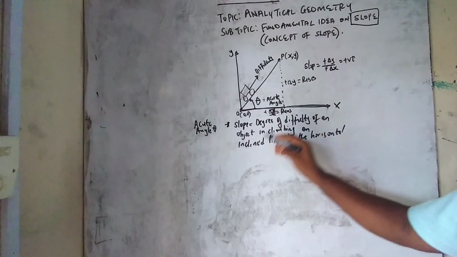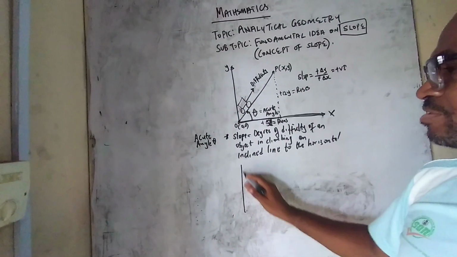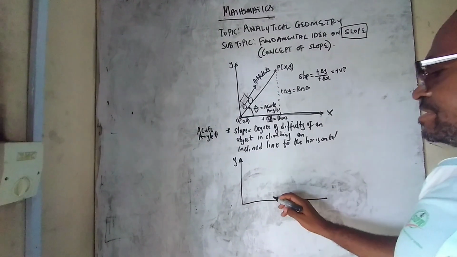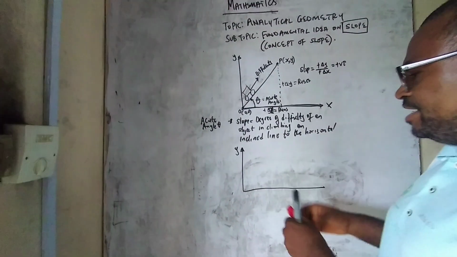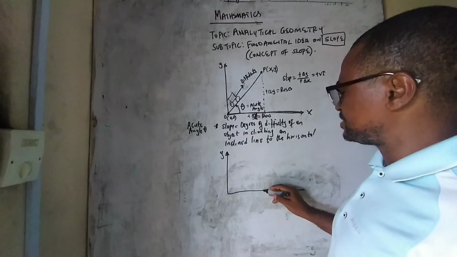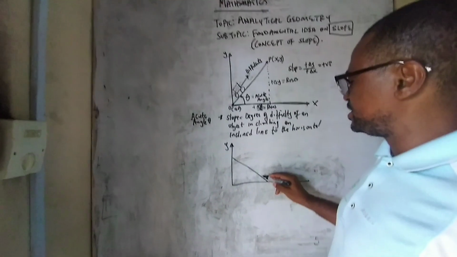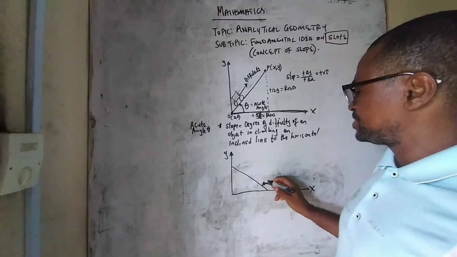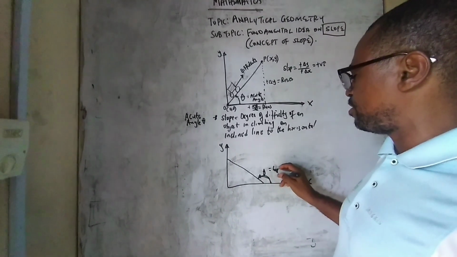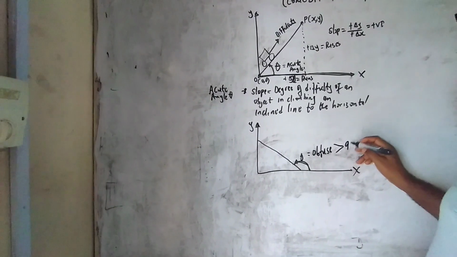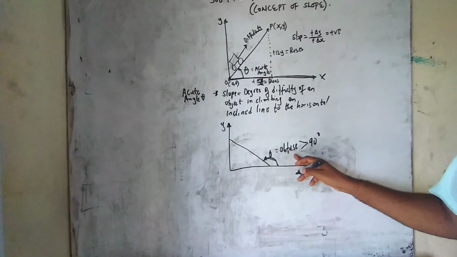Now, consider this second scenario of slope. Let's say the line is being rotated from the x-axis, and the value of that angle is obtuse. An obtuse angle is an angle that is greater than 90 degrees.